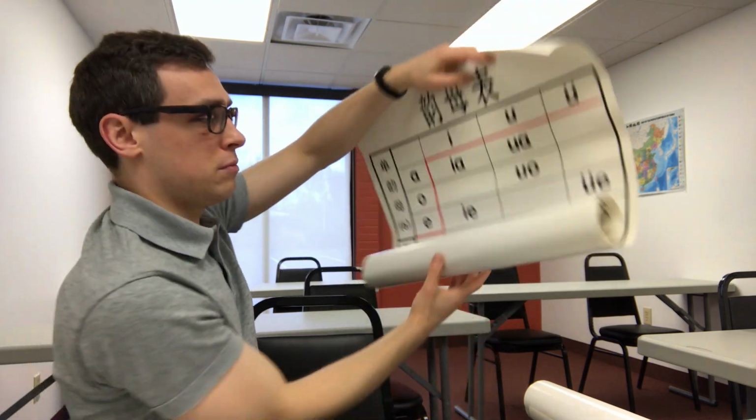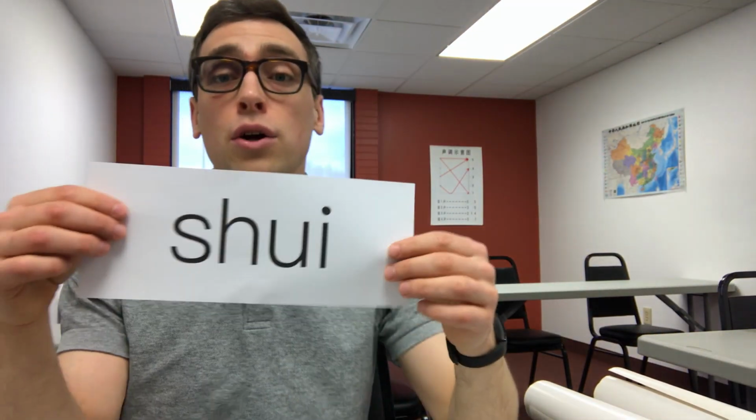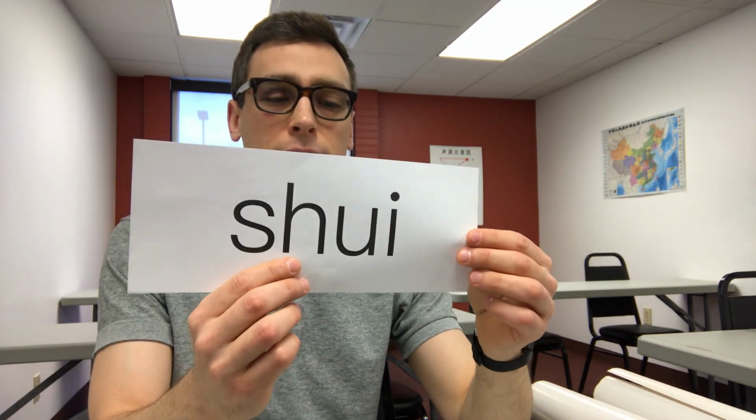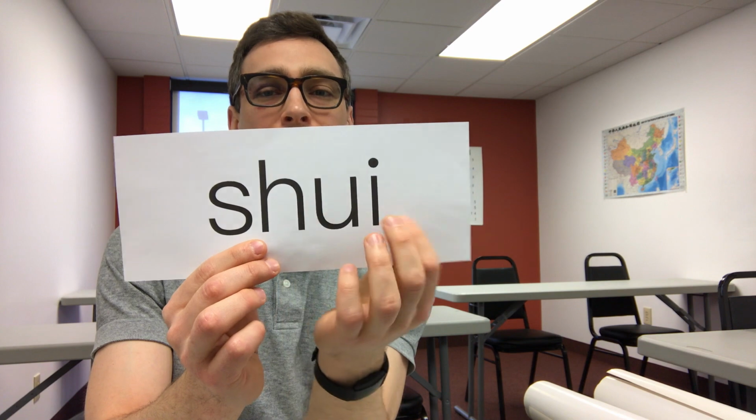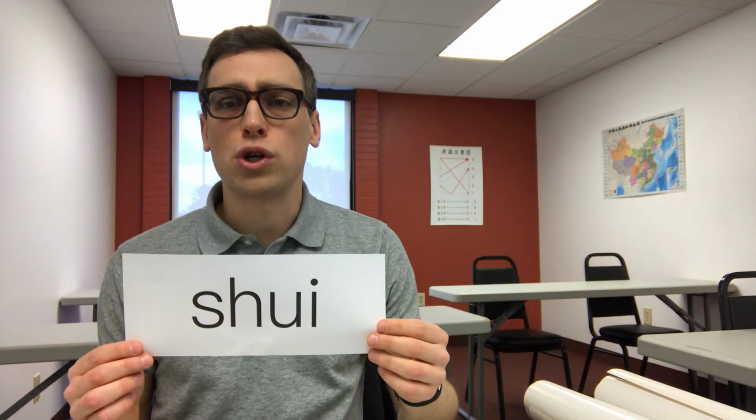That will help you hit the right sound when we come back to our shui. So if you'd like, imagine that there is an E in between this U and this I here. Shui.